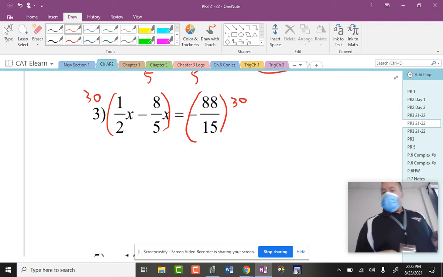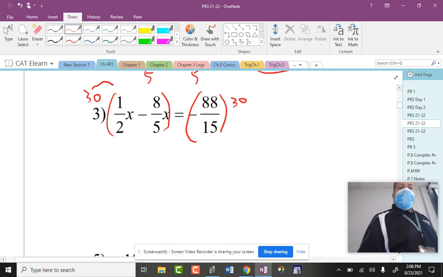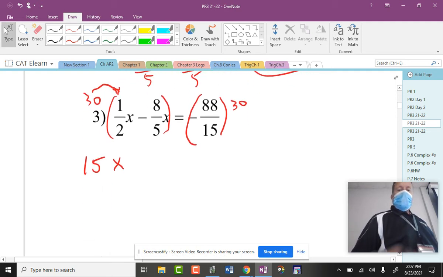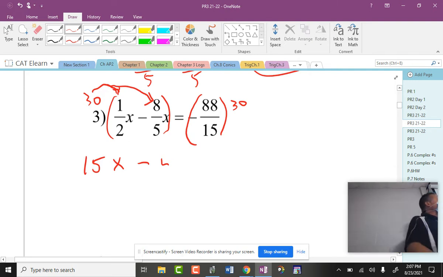And then, Brian, how many times does 2 go into 30? So this is 15x. Okay, there it is. And then how many times does 5 go into 30? What's 6 times 8? Ooh, you're off by 1, meaning one more 6.